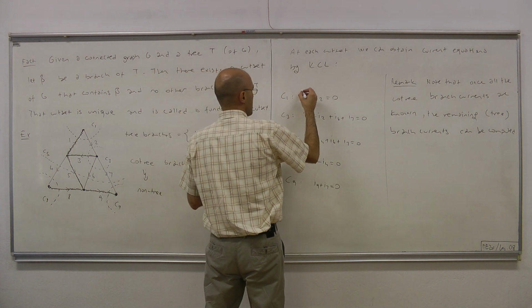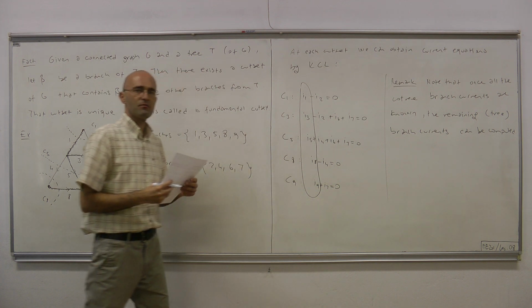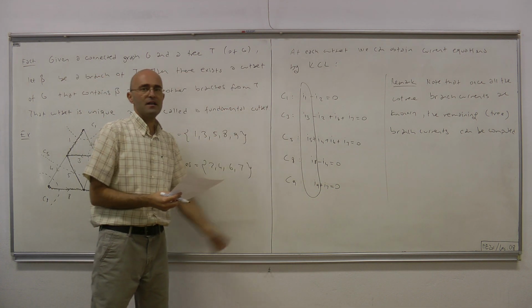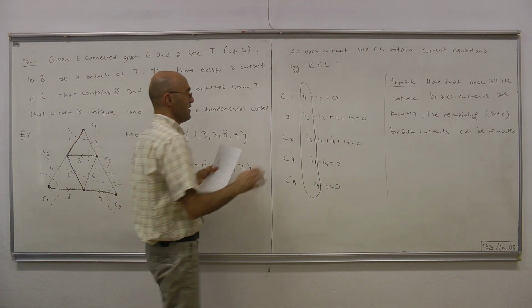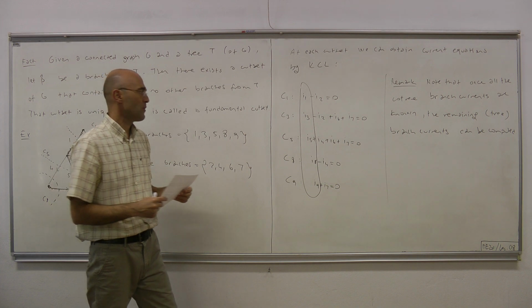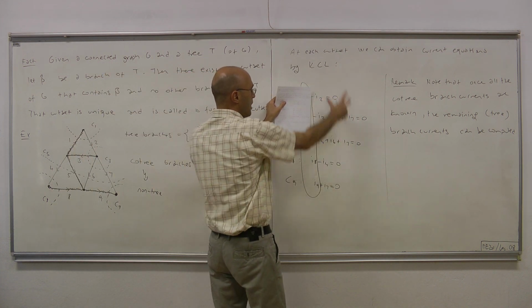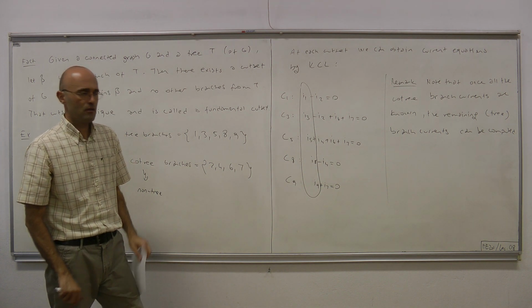Because here the first currents are always, because we wrote it that way, the currents coming from the tree branches, and then all the remaining currents coming from the cotree branches. So that means if you know this part, you can easily compute the tree branch currents.